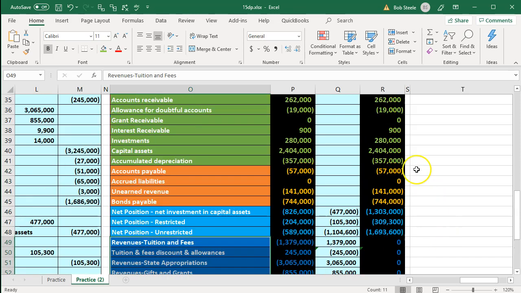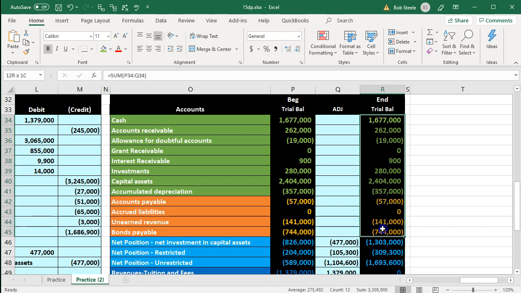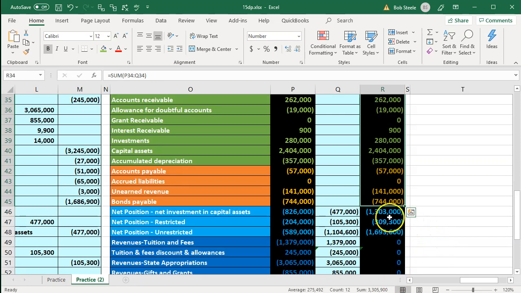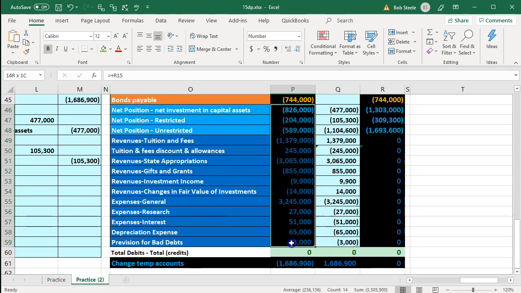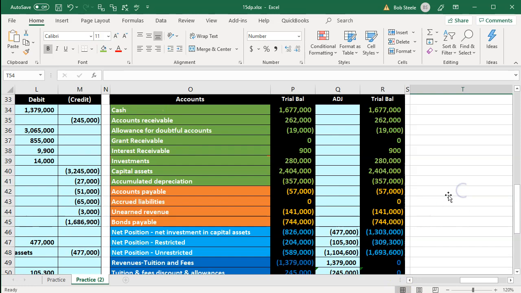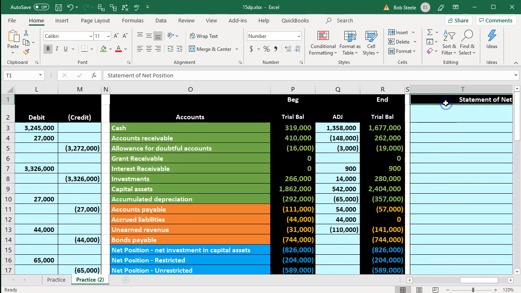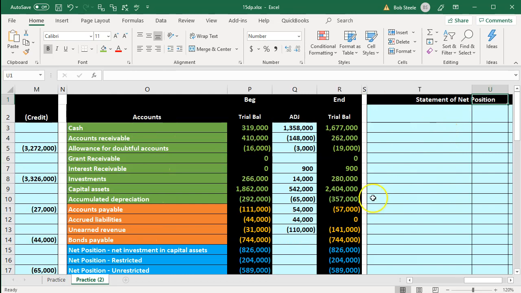You'll see that the assets minus the liabilities add up to $3,305,900, which is equivalent to the equity section that has now been closed out, $3,305,900, which of course is the same as all the equity accounts before, beginning balances plus the activity that we're going to close, the income statement or statement of activities, adding up to $3,305,900. Next time, we're going to take a look at a financial statement, the statement of net position.